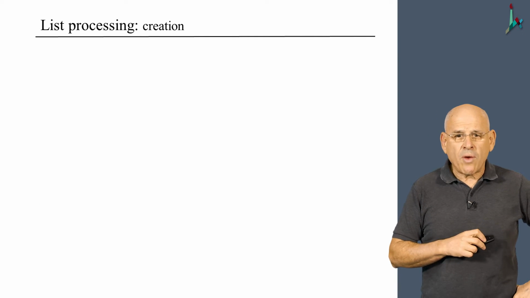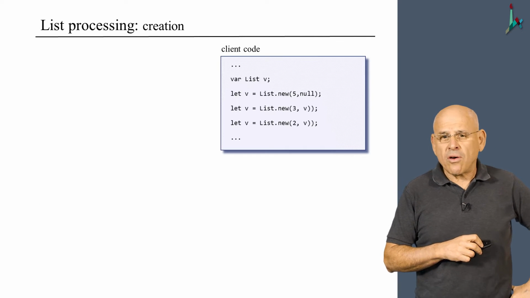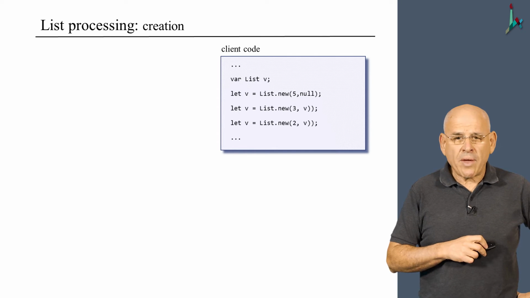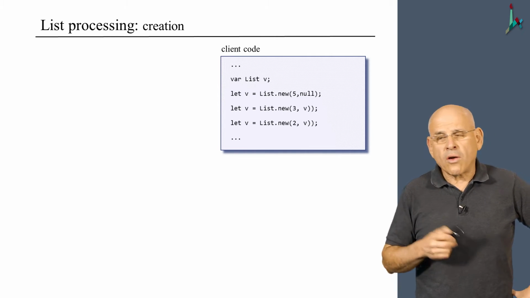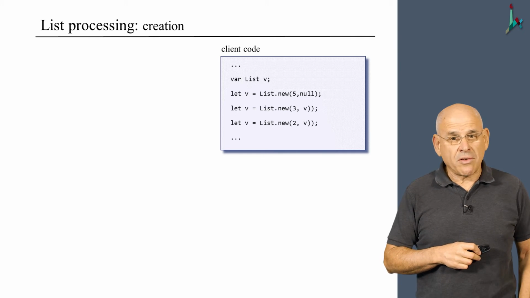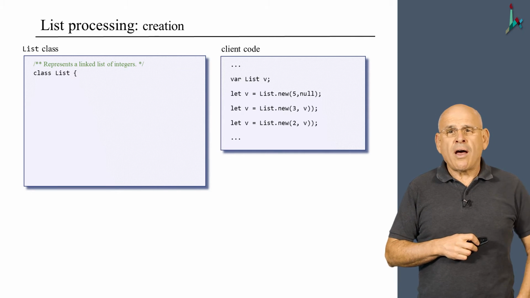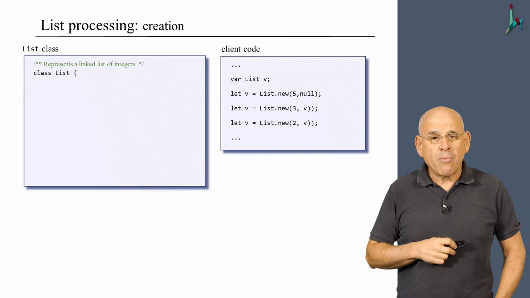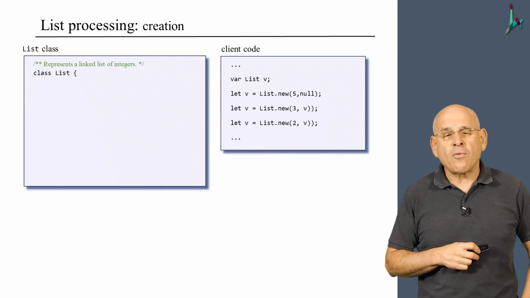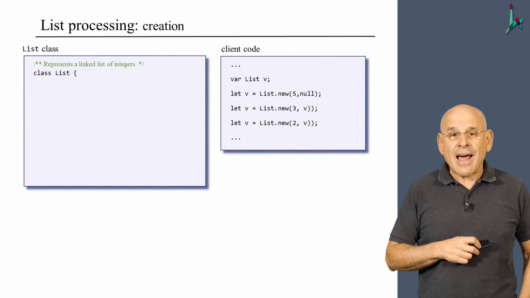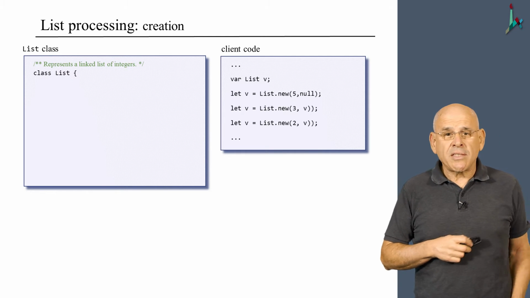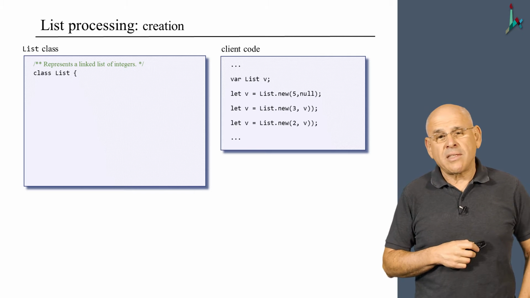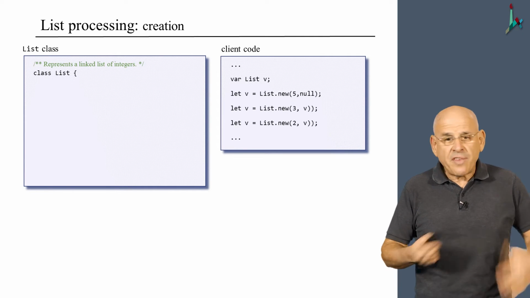So let's start with create. Here's the client code, which is identical to what we had before. And we see that it includes three calls to the list constructor, right? So let us open the black box and see how we can write a list class. And the first thing, as usual, is to ask ourselves, what kind of data does the list feature?